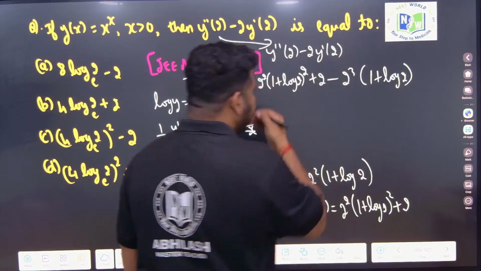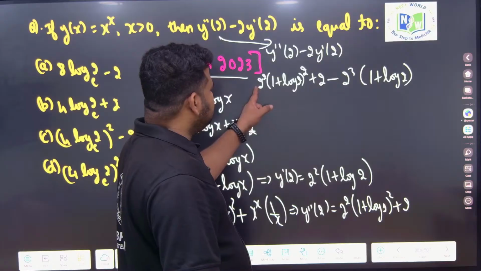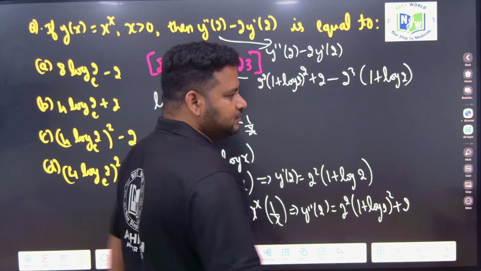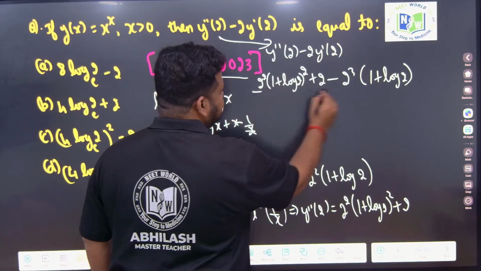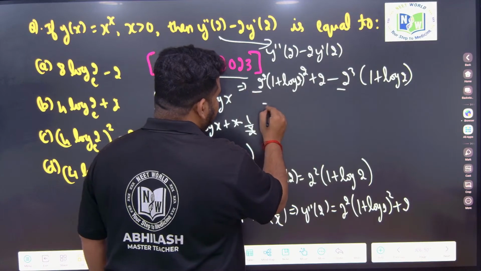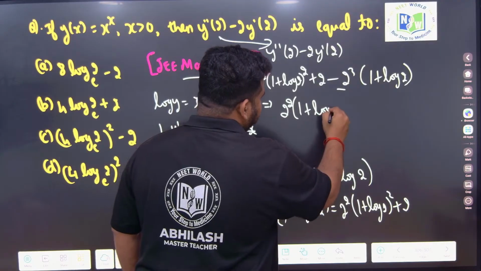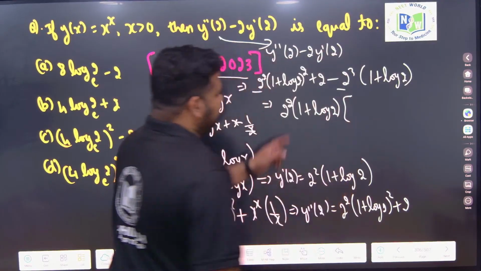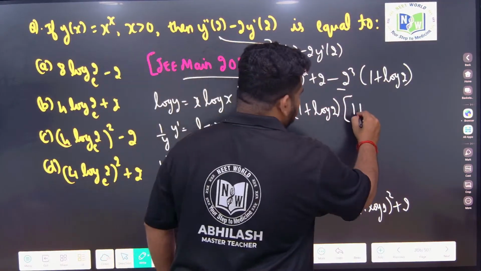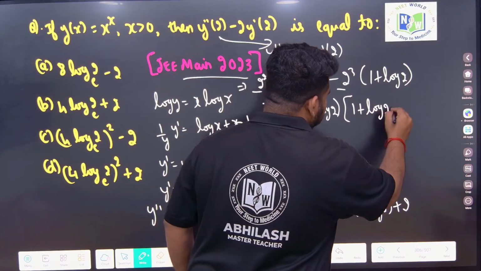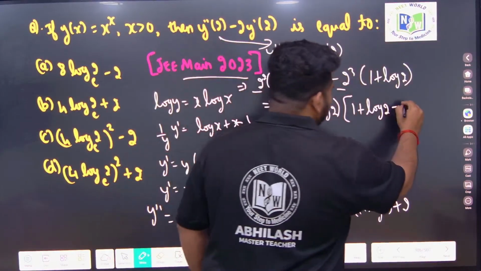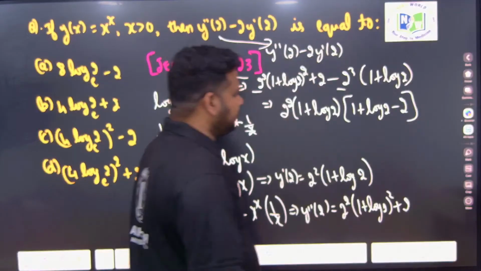Now what can we take common? Definitely I can take 2 power 2 into 1 plus log 2 common. If I take that common, what I am left with inside is 1 plus log 2 minus 2.